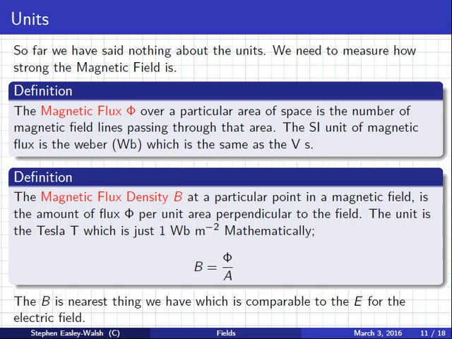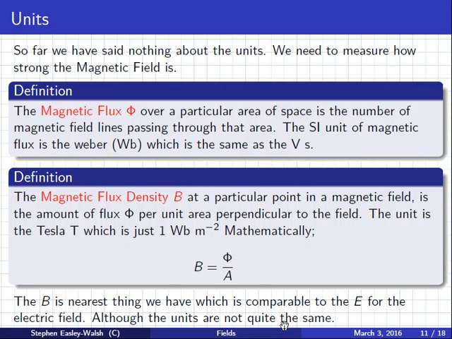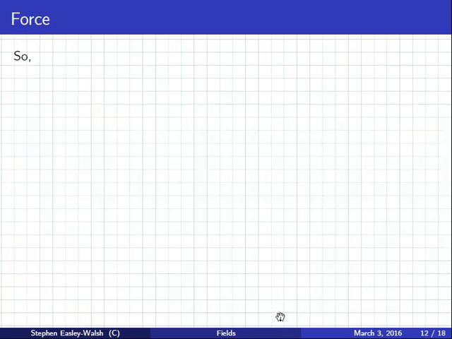Okay, so you don't have to write it down, but just so you know, the B is the nearest thing we have to an E for an electric field. So a B for a magnetic field is a little like the E for the electric field, although the units are not quite the same, similar.